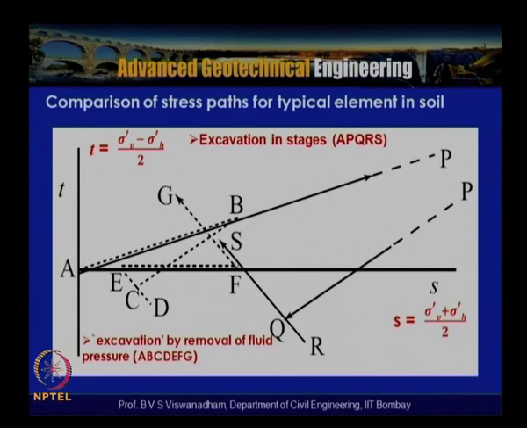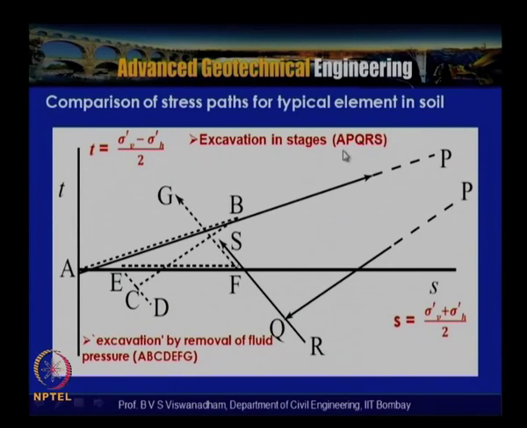Let us explain this in terms of the stress paths again, wherein we have S, which is sigma V plus sigma H by 2, and T, which is sigma V minus sigma H by 2. Here the excavation in stages is APQRS, and excavation by removal of the fluid pressure is ABCDEFG.